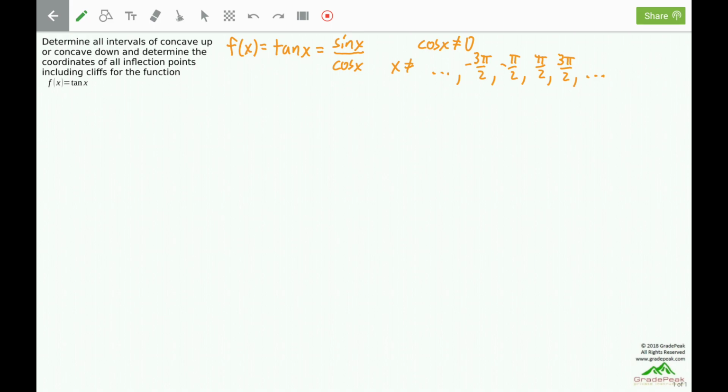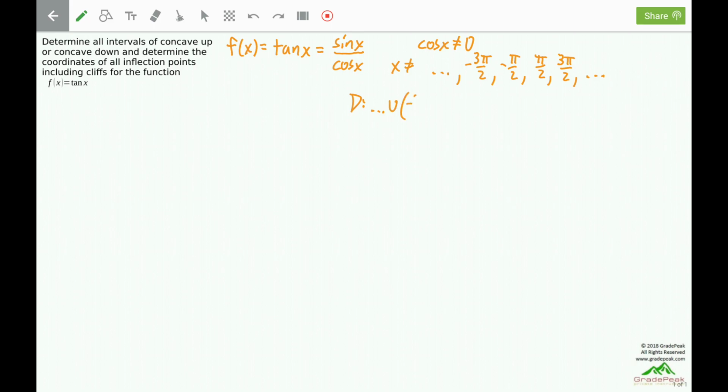So the domain of tangent of x is an infinite number of intervals broken up by each of these successive x values that it cannot be. These are each vertical asymptotes because they are what would make the denominator be a 0. So the domain has an infinite number of intervals.